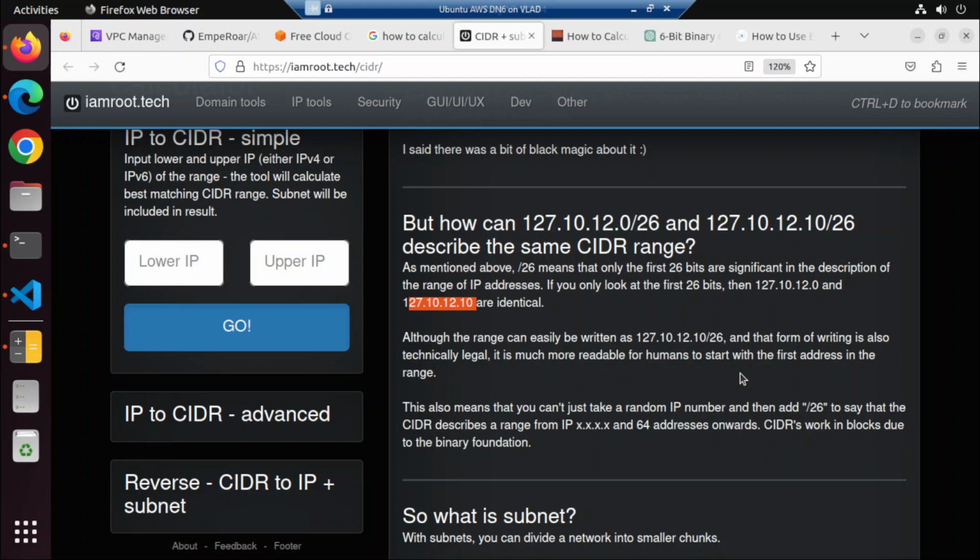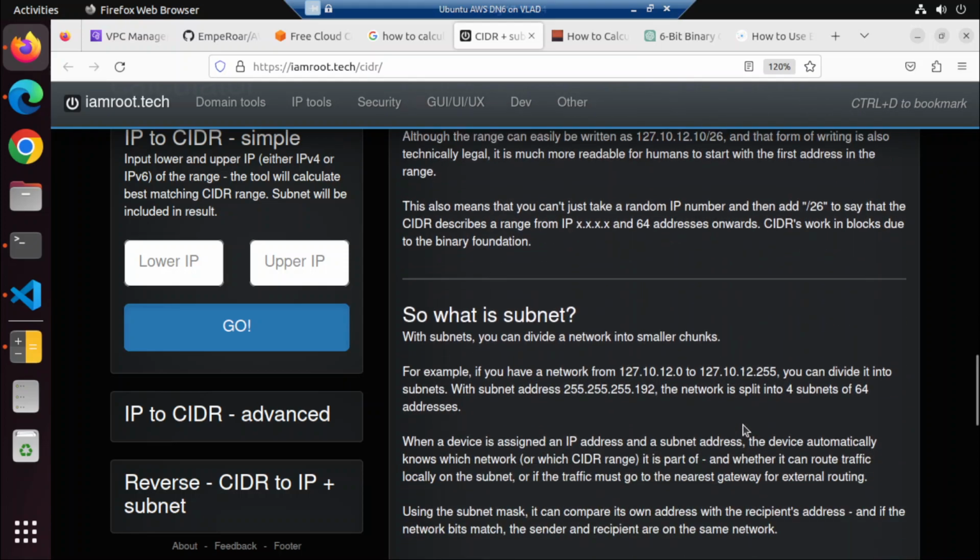This means that you can't just take a random IP number and then add slash 26 to say that the CIDR describes a range of 64 addresses onwards. So what is a subnet?